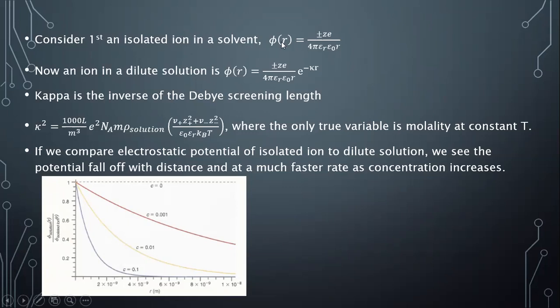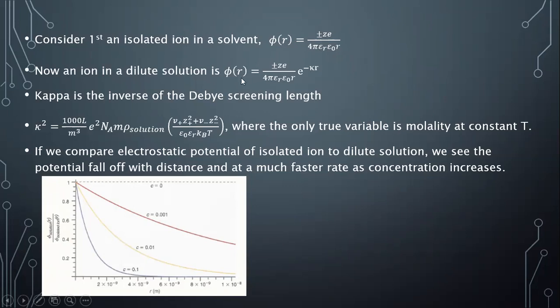I know it's hypothetical. One ion of radius r. The electrostatic potential has charge Q, which is ZE, so it doesn't matter whether plus or minus: plus or minus ZE over 4 pi, the permittivity of free space, the permittivity of the solvent, and our radius.